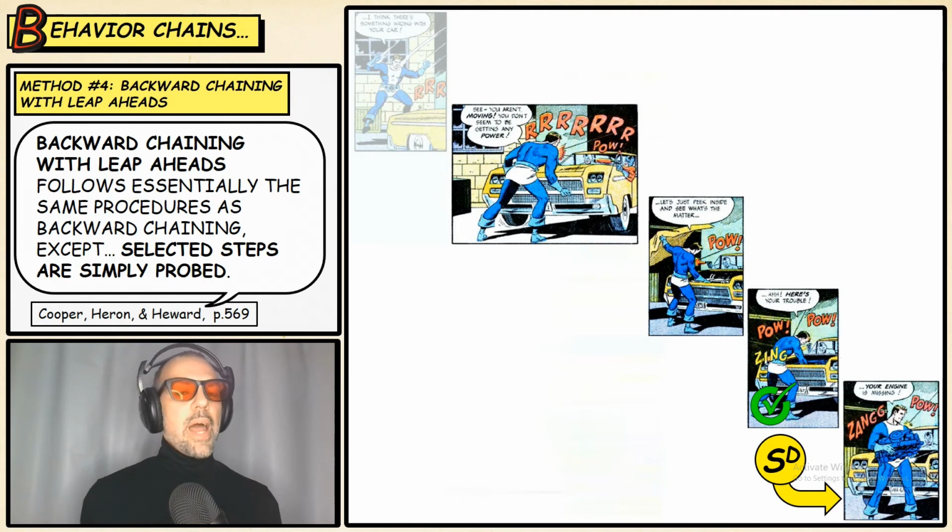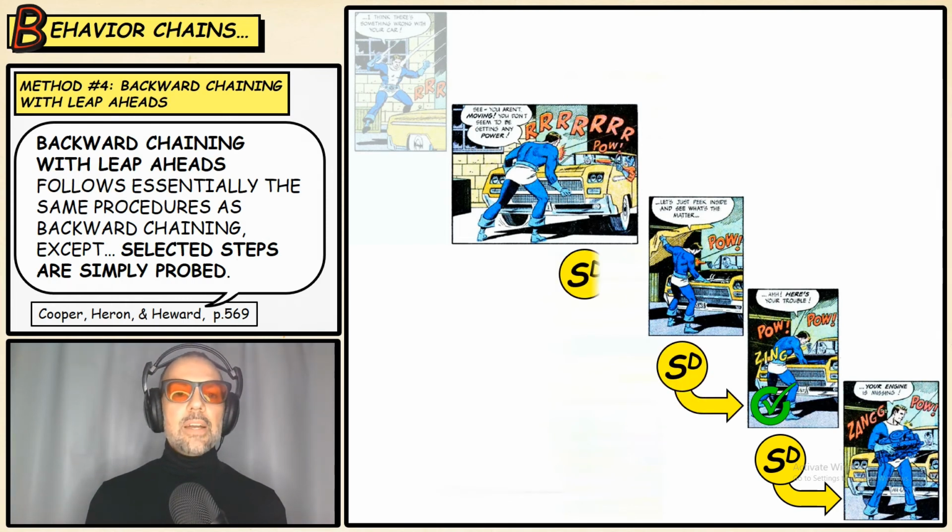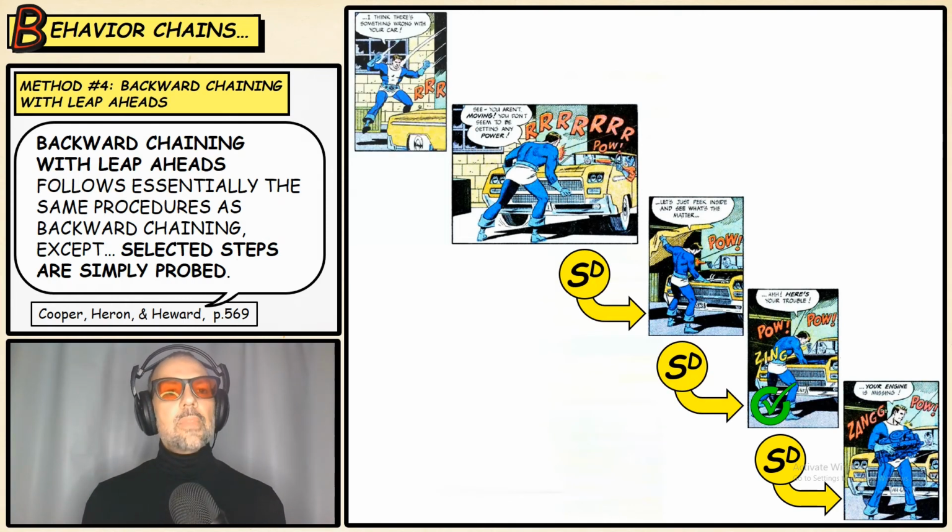And then if this was backward chaining, we would go to step number 3. However, this was backward chaining with leap aheads. And we've already done probes that indicate that this individual can do step 2 and step 3. So in this case, instead of going one step backwards to step 3, we would go multiple steps, leap ahead, all the way back to step number 1, and then we would start training on step number 1.